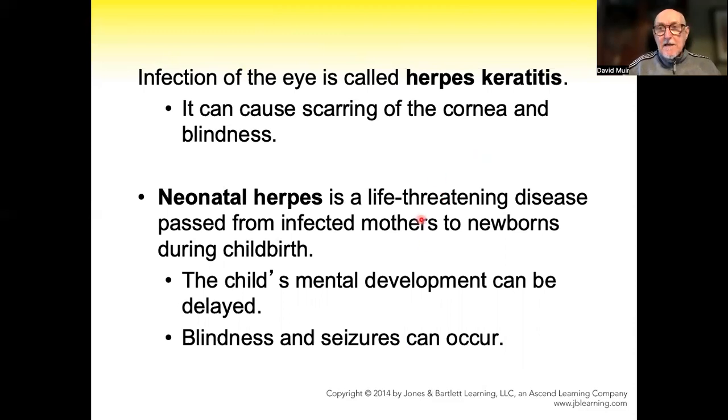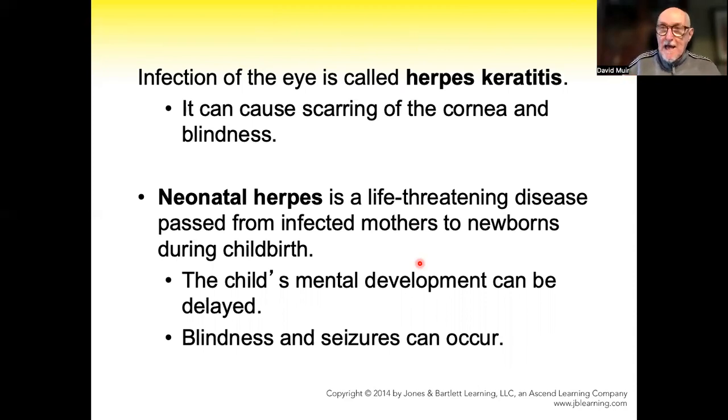But this is a particular danger in newborns. The virus can actually disseminate through the body of the newborn and cause all sorts of neurological problems as well. So it's very important that obstetricians take a very careful history, and may even test a mother-to-be to see if she has antibodies to HSV2 in order to take precautions.